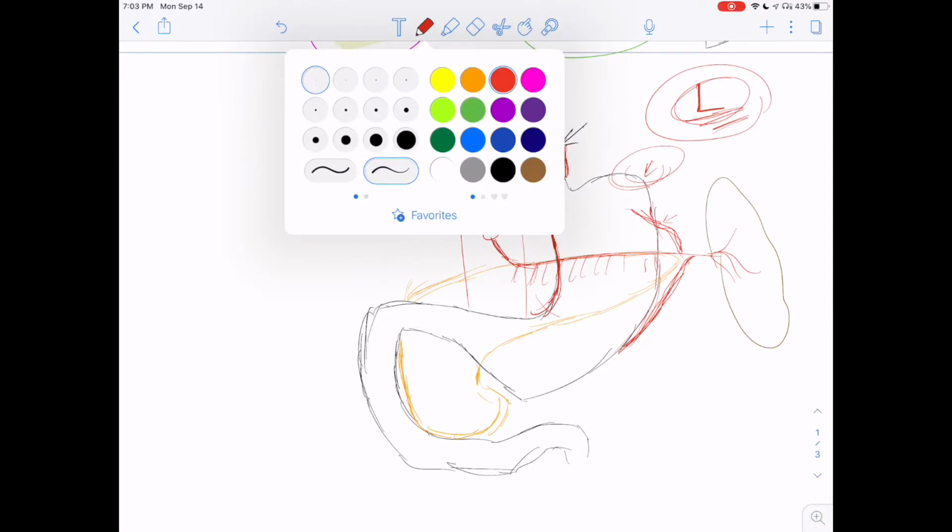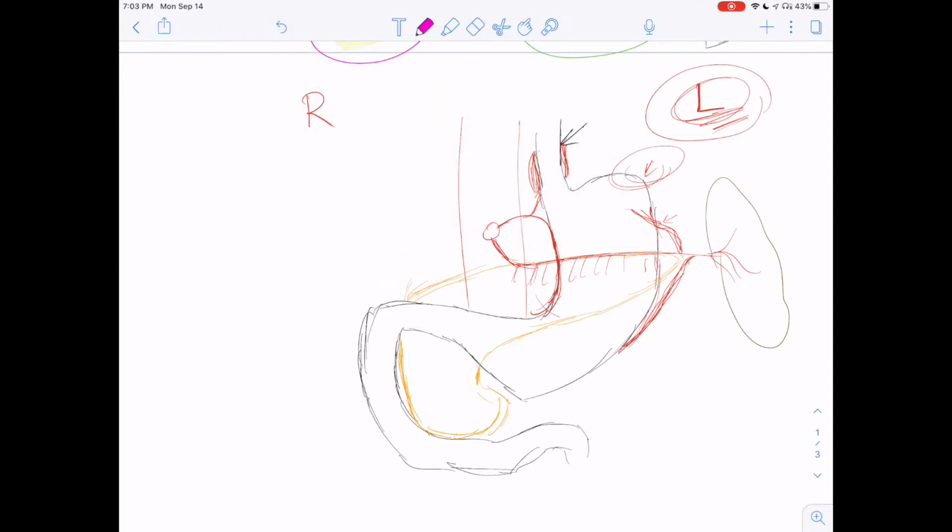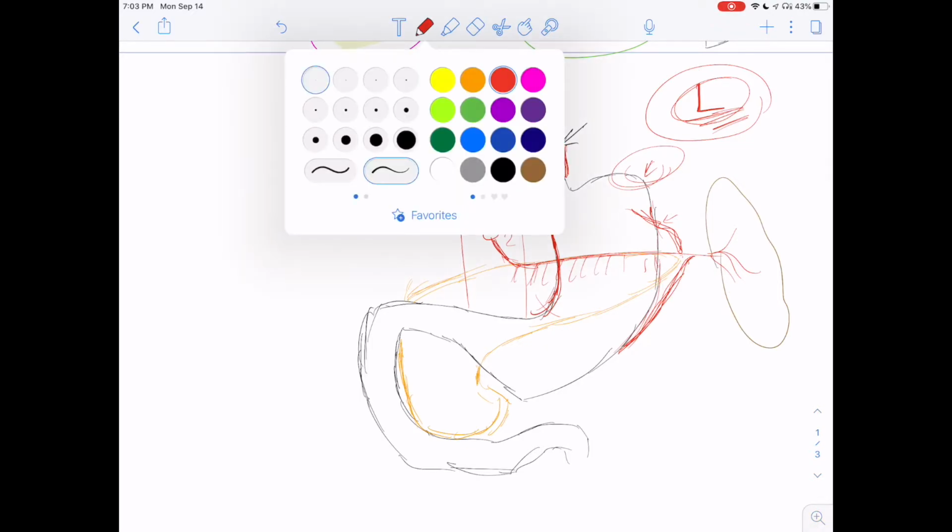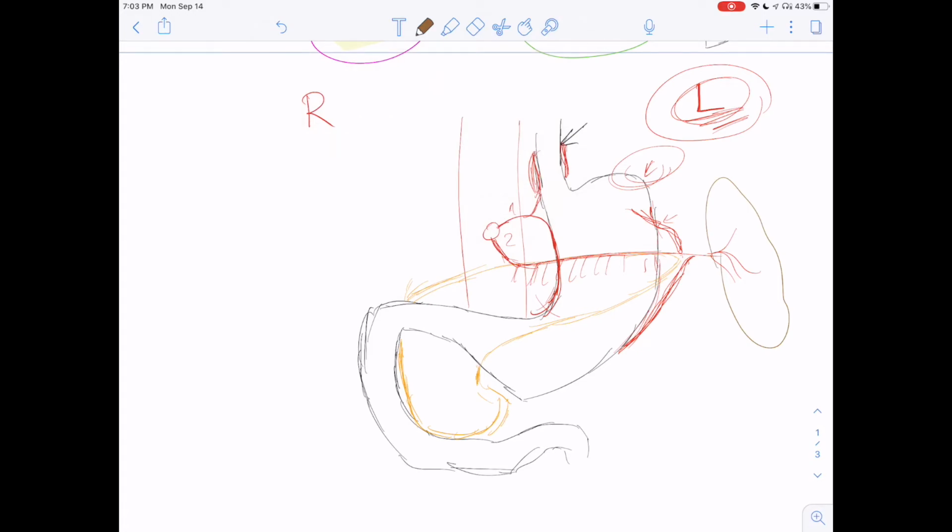Now I want to use another color. So these two branches of celiac, like let's say 1 and 2, or left gastric and splenic, they're both sort of going to the left. Now let's go to the right one, which should feed another organ.